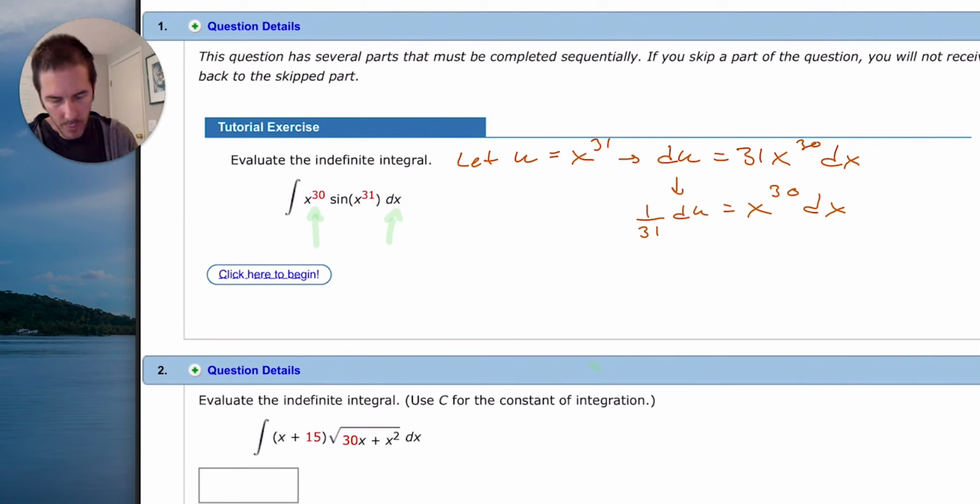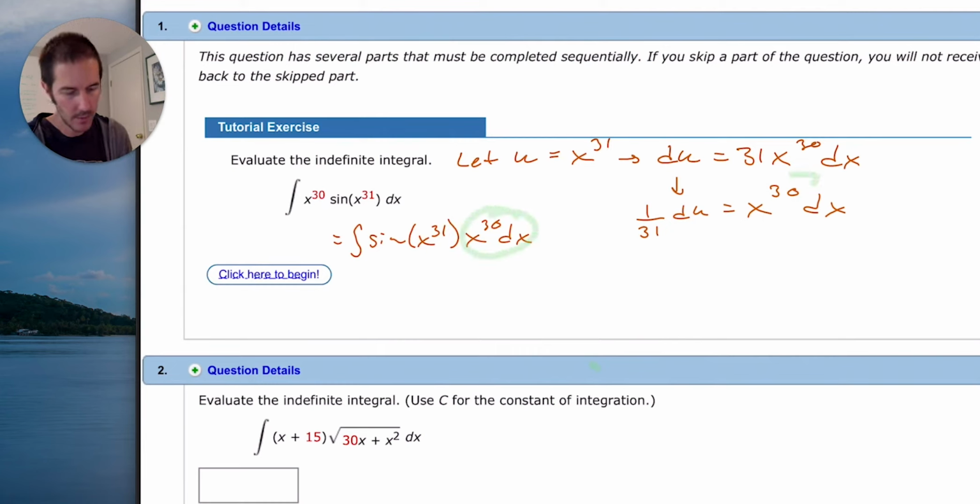So now we can rewrite our original statement as the integral. Let me even rewrite this one more time. I'm going to write this as the sine of x to the 31st times x to the 30th dx, so that those two factors are right next to each other, so you can see that this x to the 30th dx is equal to 1 over 31 times du, so that I'm allowed to make that substitution.